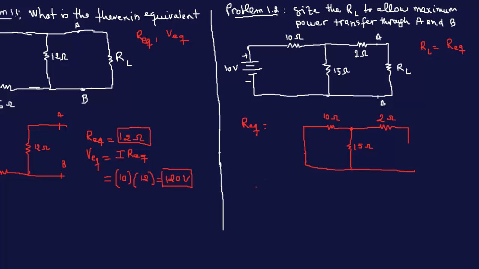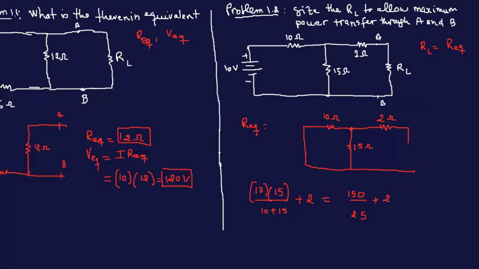So you have 10 times 15 over 10 plus 15, and then the total is in series with 2, so you add the 2. So now you have 150 over 25 plus 2.